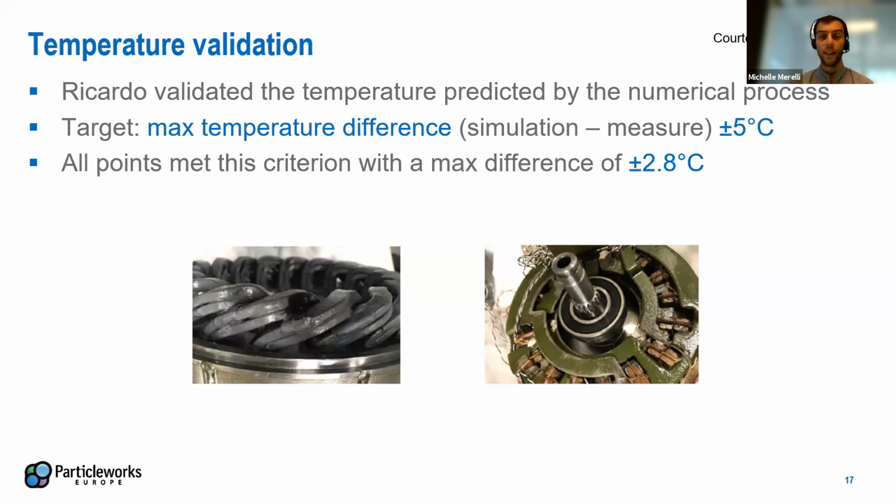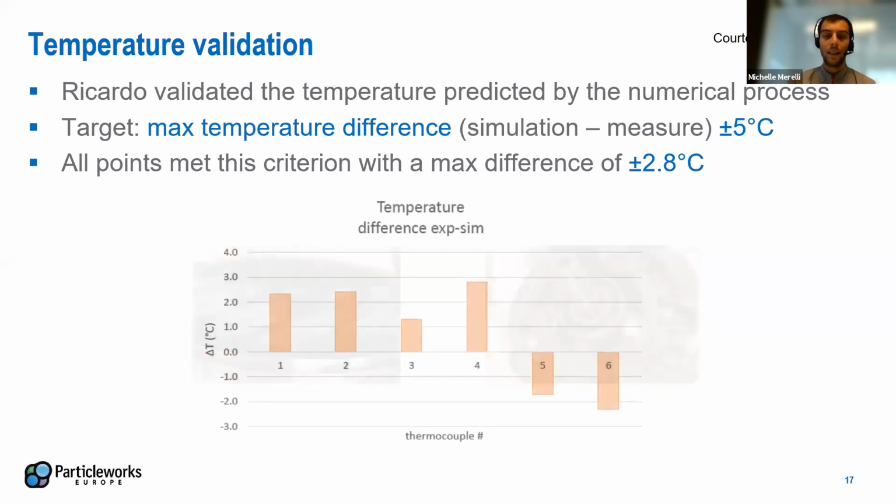What we showed for the windings area is that we are within a range of 2.8 degrees Celsius between simulation and experimental results. So almost half of the maximum requirement for the applicability of the methodology required by Riccardo.